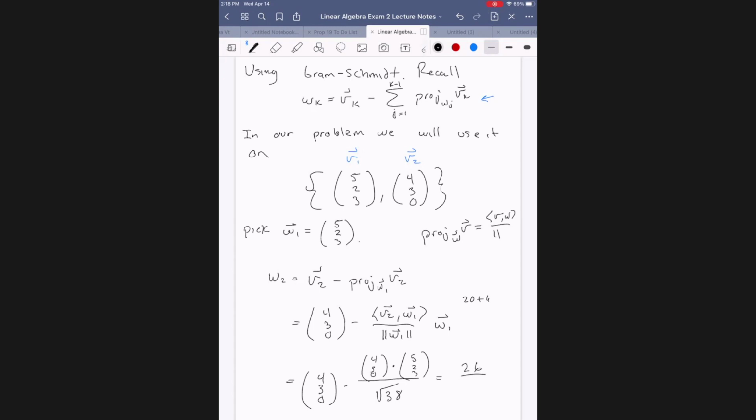So in Rn, it's going to be the square root of each component squared, right? Like this.